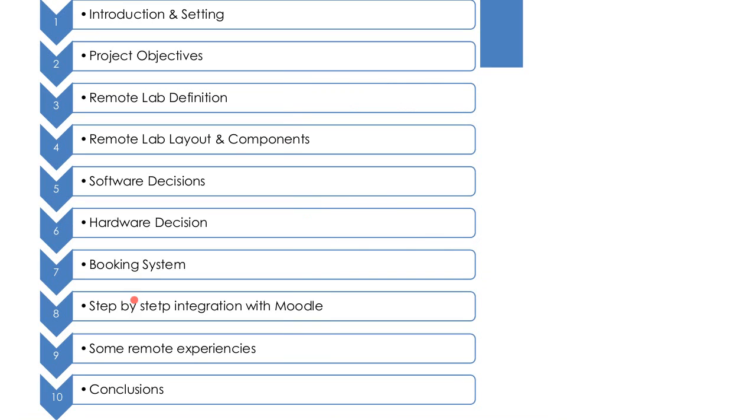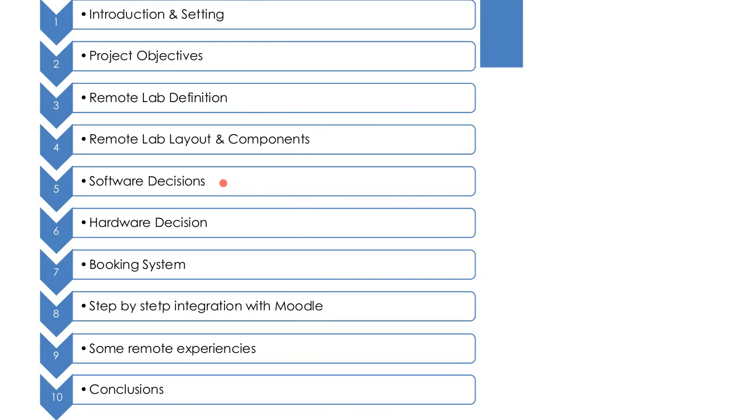Our presentation will be organized this way. To set you in time and place, we will start with an introduction, then shortly share the objectives of the project, provide you with a remote lab definition and a description of the layout and components of our lab, as well as the software and hardware decisions we've made.